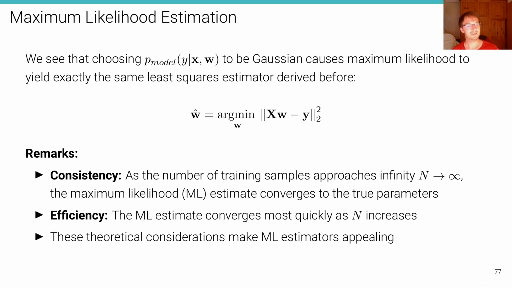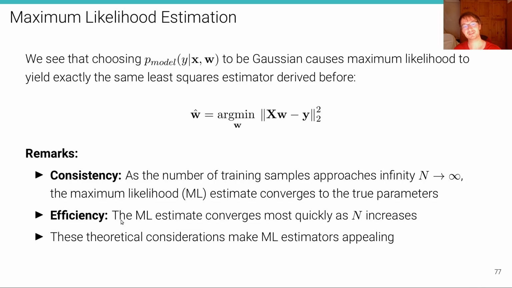Now, why is this important? Well, maximum likelihood estimators are a very important tool in statistical learning theory, because under mild assumptions they are known to be consistent. This means as the number of training samples approaches infinity, in other words, as n goes to infinity, the maximum likelihood estimator converges to the true parameters. And they are also efficient. What does that mean?